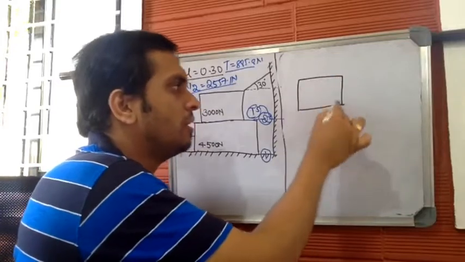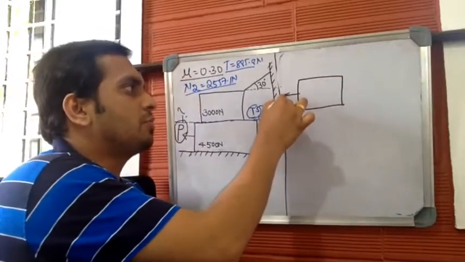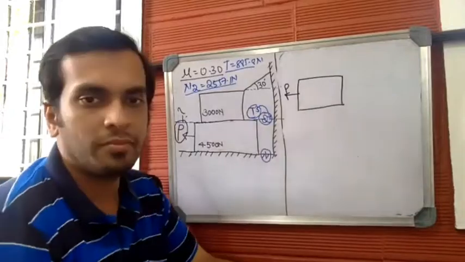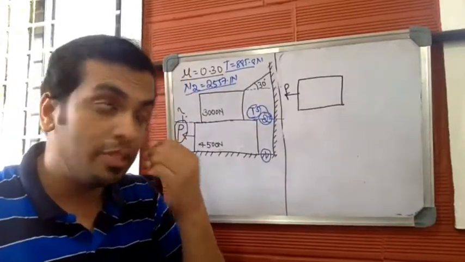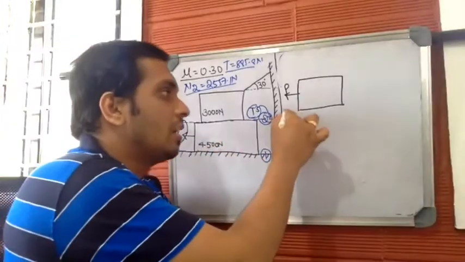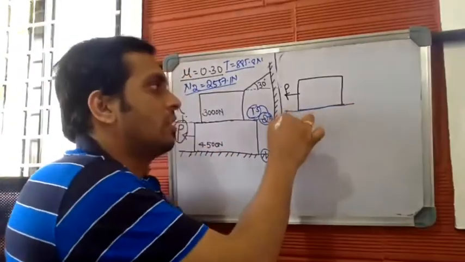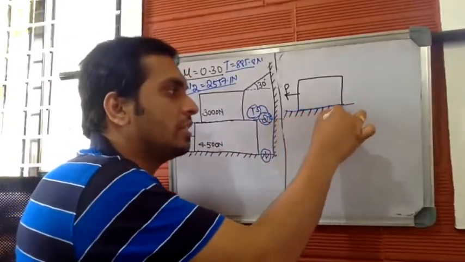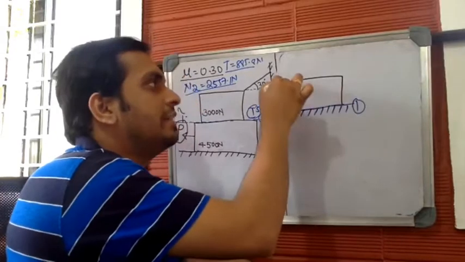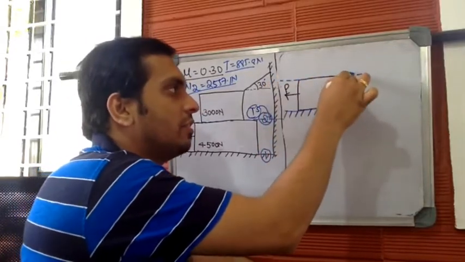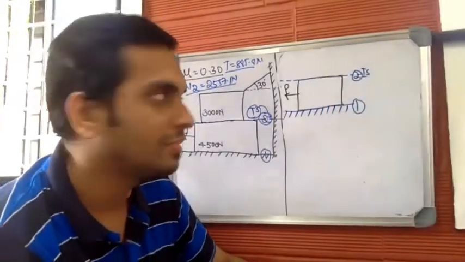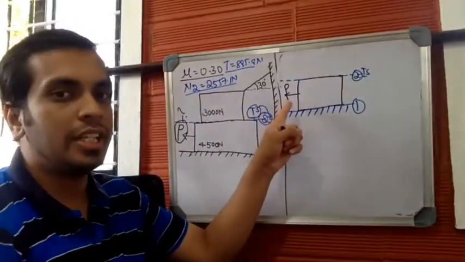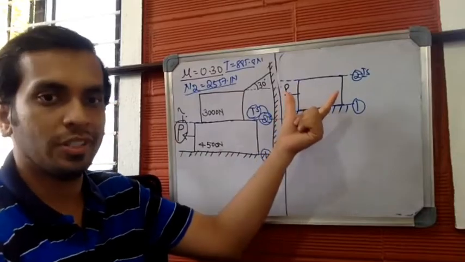This is the lower body and this is force P. Now the lower body is being sandwiched between two surfaces. This is the horizontal surface, which we have marked as surface number 1, and this is the imaginary surface we have drawn, which is imaginary surface number 2. And this is the external force that we need. So this is the lower body.